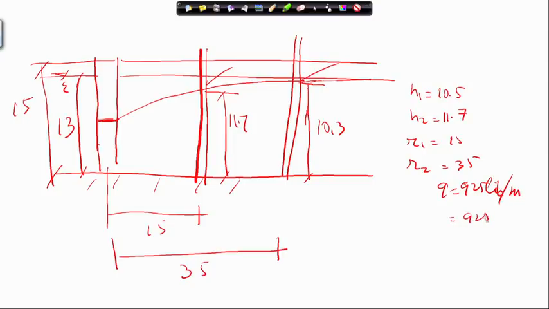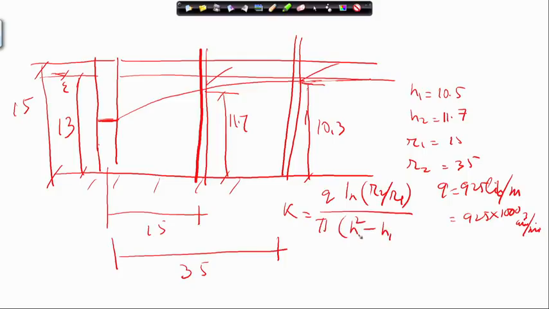equal to 925 into 1000 centimeter cube per minute, and if I do that, then our expression is K equal to Q into ln R 2 by R 1 divided by pi into H 2 square minus H 1 square.